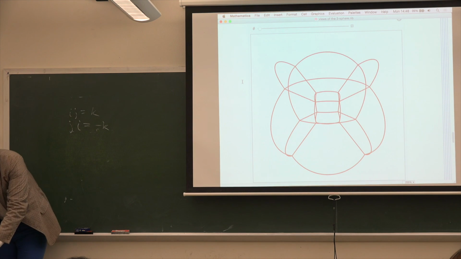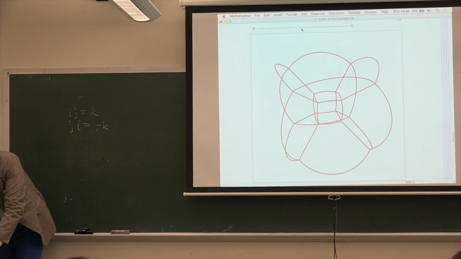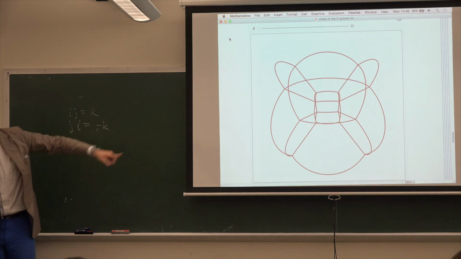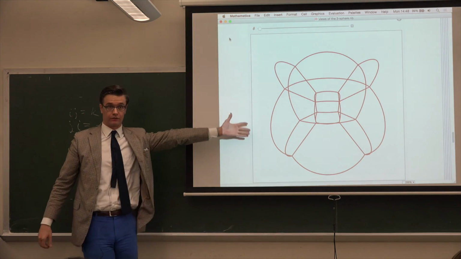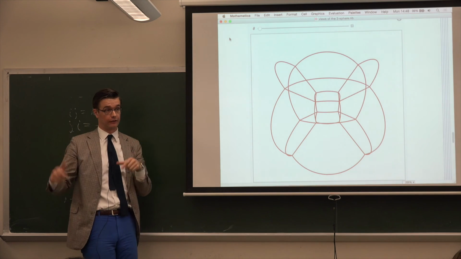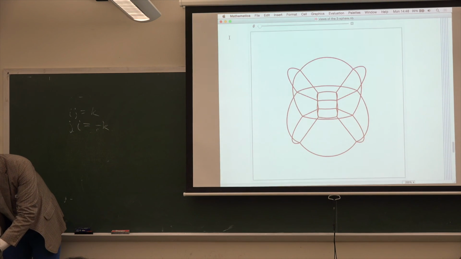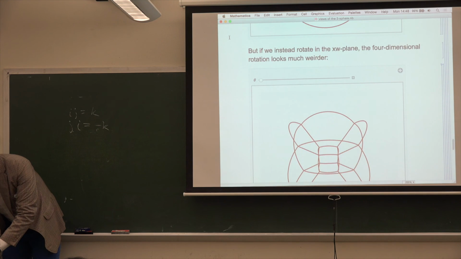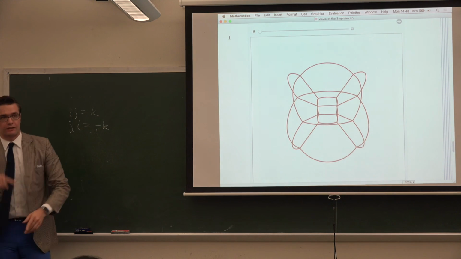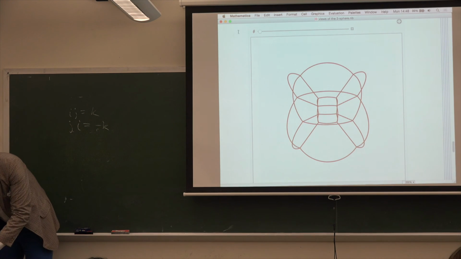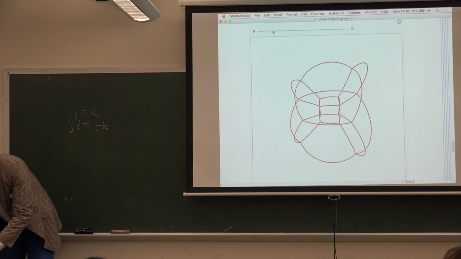Okay, so now if I rotate around the w-axis, it looks like a nice rotation. So this is a four-dimensional rotation that actually looks like a three-dimensional rotation after this stereographic projection business. But if I take a four-dimensional rotation where I rotate in the xw plane, so including one of my x, y, z coordinates, then it looks like this.